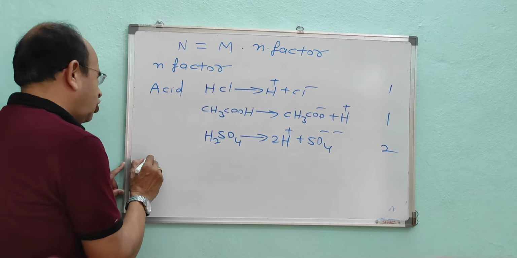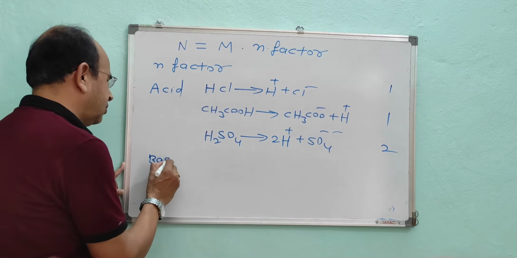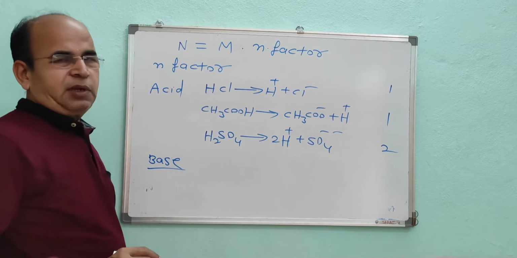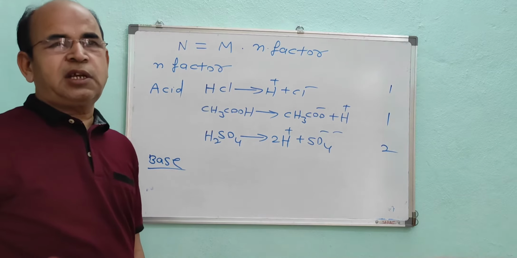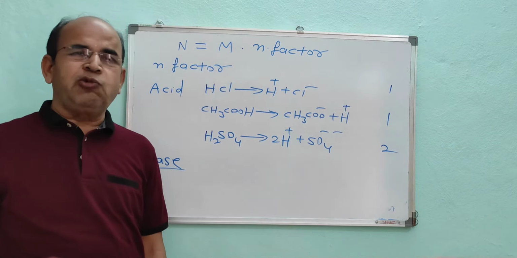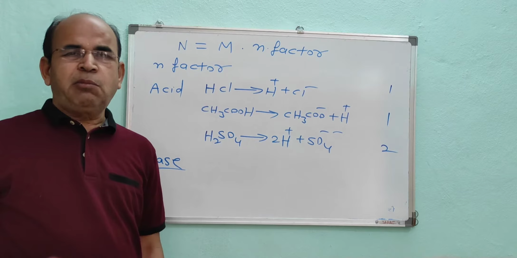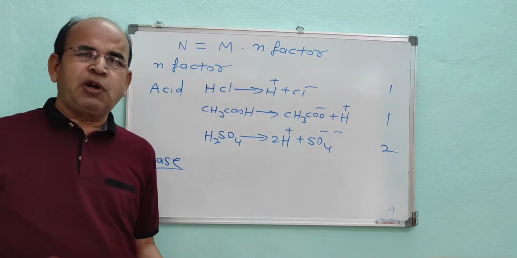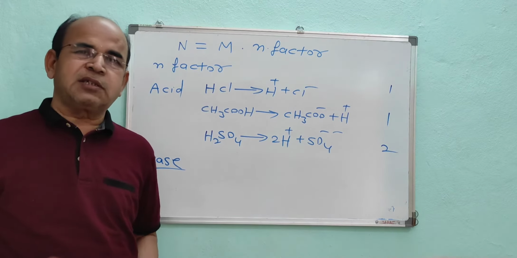Now N factor in case of base. You know, a base is a substance which produces OH ions in water. So the number of OH ions which are given into the water is the N factor for the base.